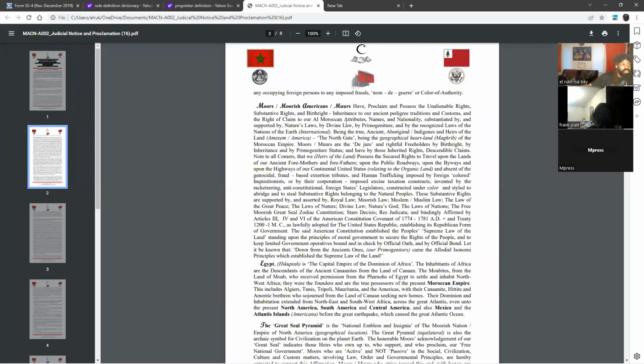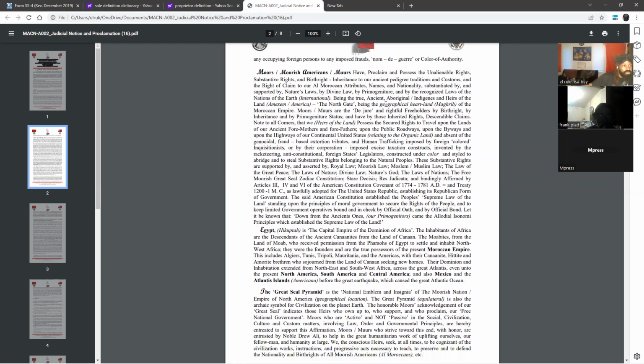Moorish American Moors have proclaimed and possessed the unalienable right, since substantive right and birthright, inheritance to our ancient pedigree, traditions, and customs, and a right of claim to our Al Moroccan attributes, names, and the nationality, substantiated by and supported by nature's law, by divine law, by primogeniture, and by the recognized laws of the nations of the earth, international.